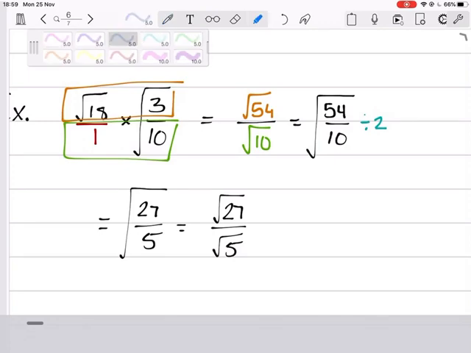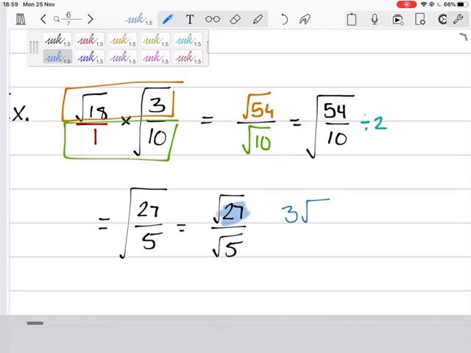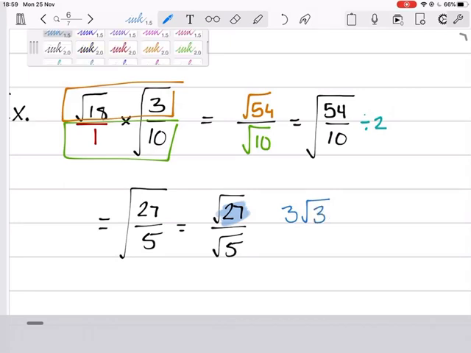Again, I'm going to go with reducing first just because I don't like working with bigger numbers. So I know 9 times 3 will give me that 27, and I know the square root of 9 is 3, so I can reduce this to 3 and then square root 3. I would have a 3 left over in there over my square root 5.